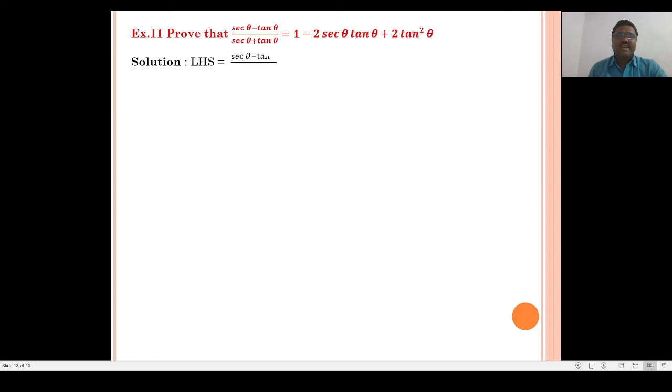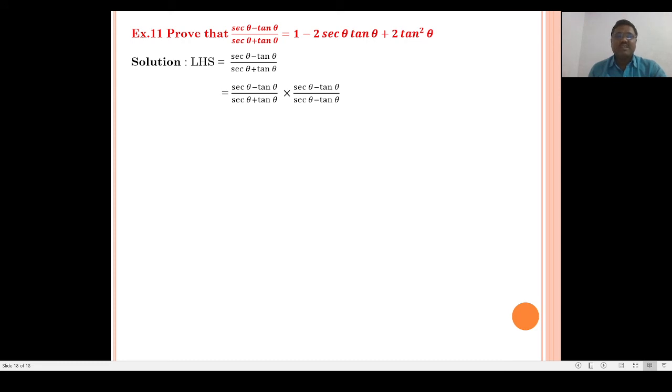See the next example. Prove that sec theta minus tan theta upon sec theta plus tan theta equals 1 minus 2 sec theta tan theta plus 2 tan square theta. So we write LHS equals sec theta minus tan theta upon sec theta plus tan theta into sec theta minus tan theta upon sec theta minus tan theta.